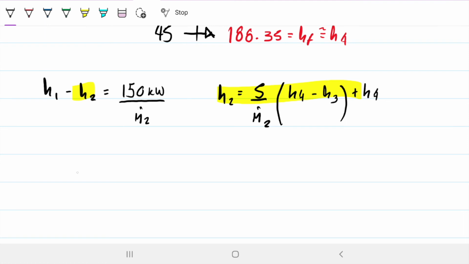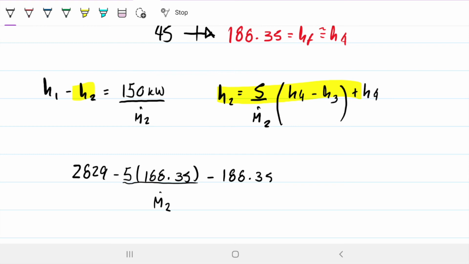So I ended up with something like this: 2829 minus 5 times 188.35, divided by my mass flow rate 2, minus 188.35 plus, again, same thing, 5 times 83.9 divided by M2, which has to be equal to 150 divided by M2.